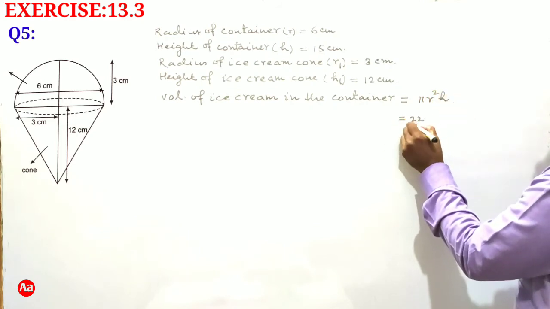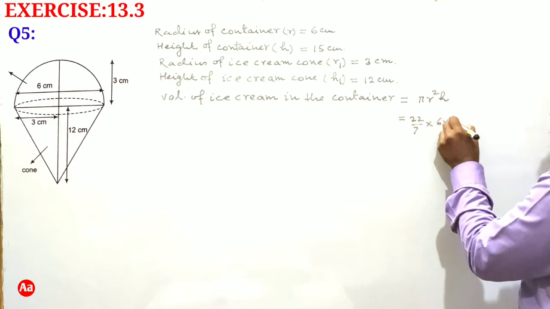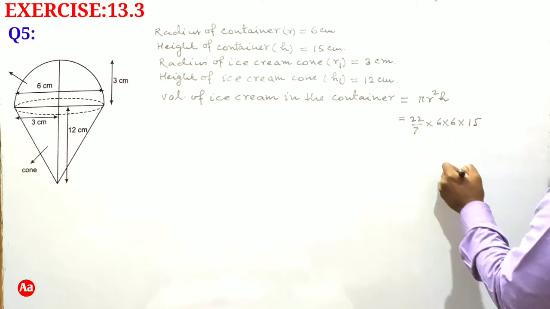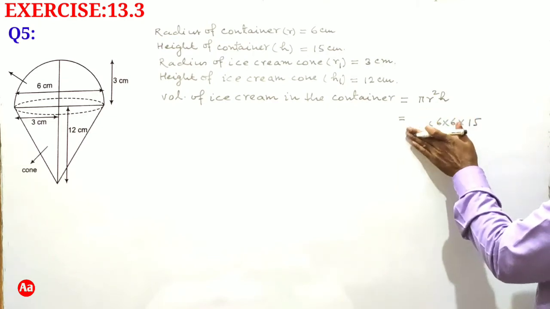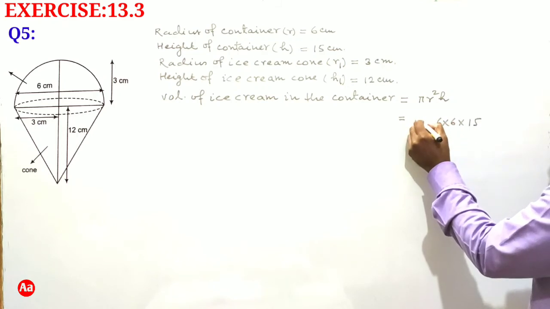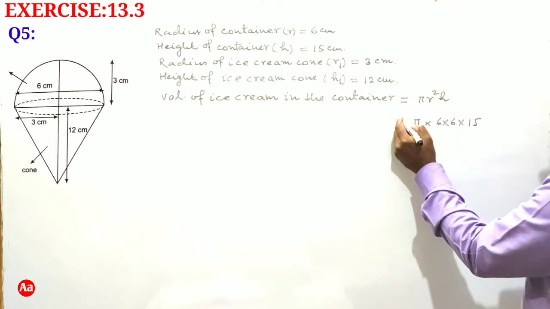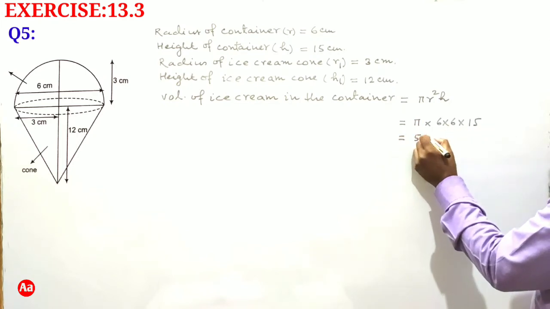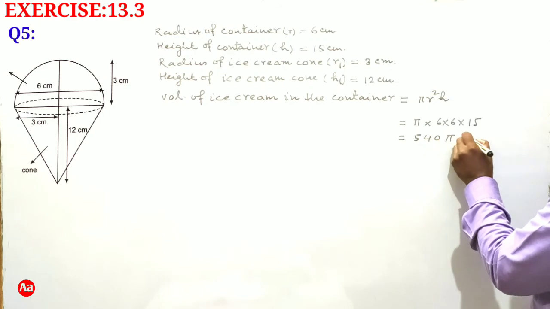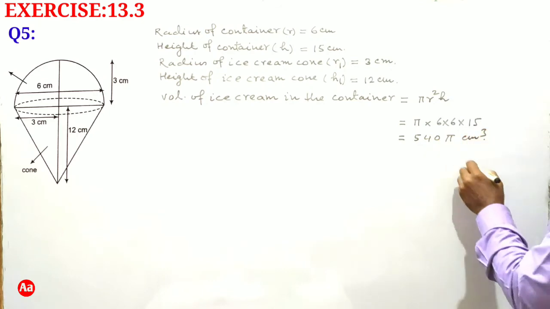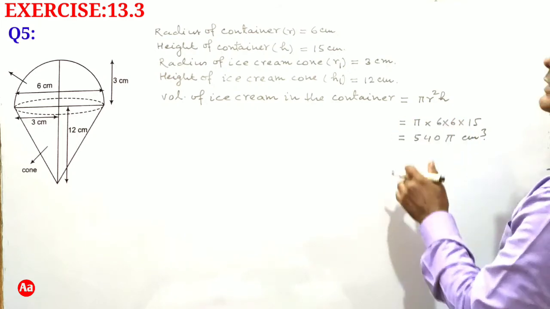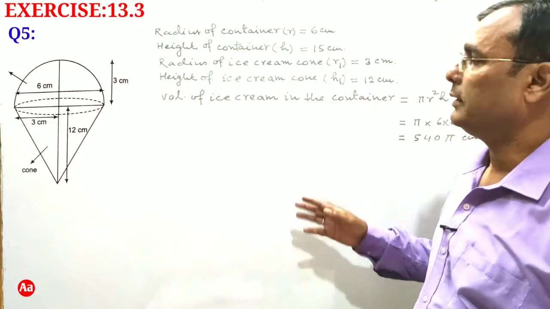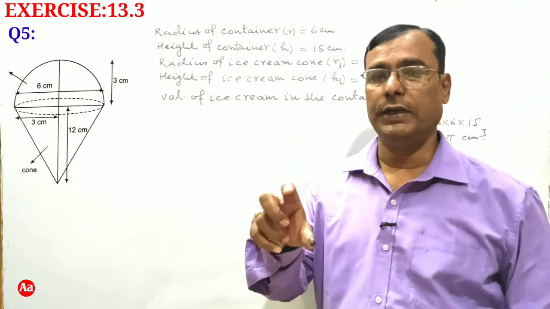So 22 by 7 into 6 into 6 into 15. Let's not put value of pi, let it be pi only. So this is equal to 6 sixes are 36 into 15, 540 pi centimeter cube. This is volume of ice cream kept in the container.